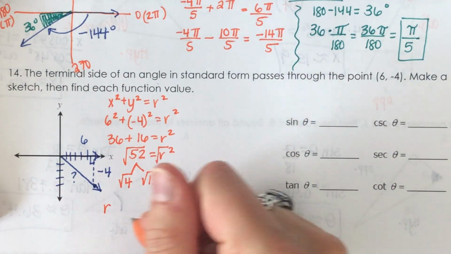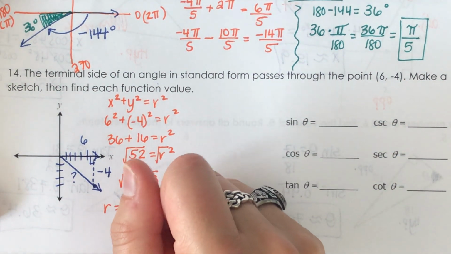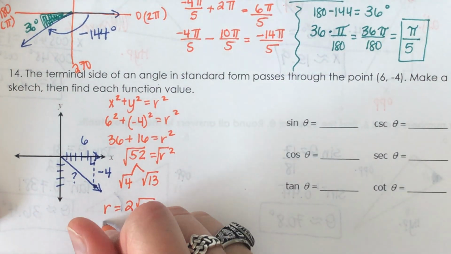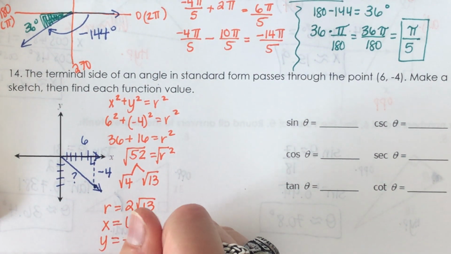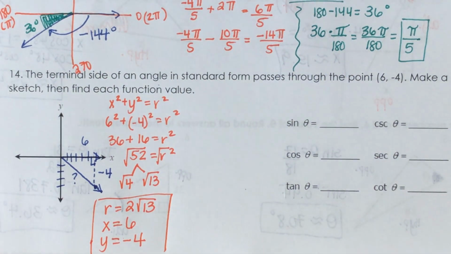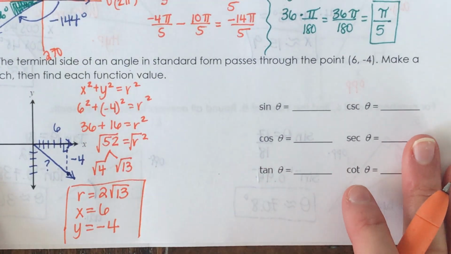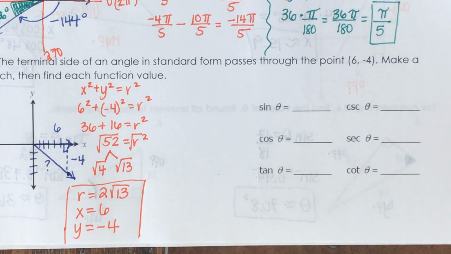So my r value, my radius, is really 2 radical 13. I already know my x variable, and I already know my y variable, which is fantastic because now I have my 3 different sides of the right triangle. So now I should be able to do my sine, cosine, tangent, cosecant, secant, and cotangent.